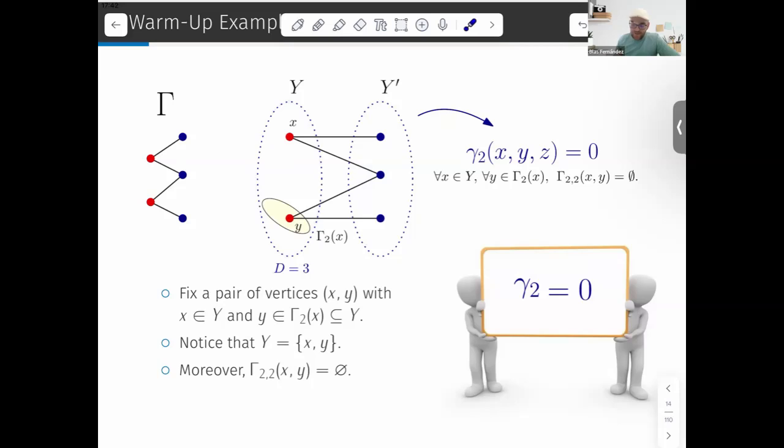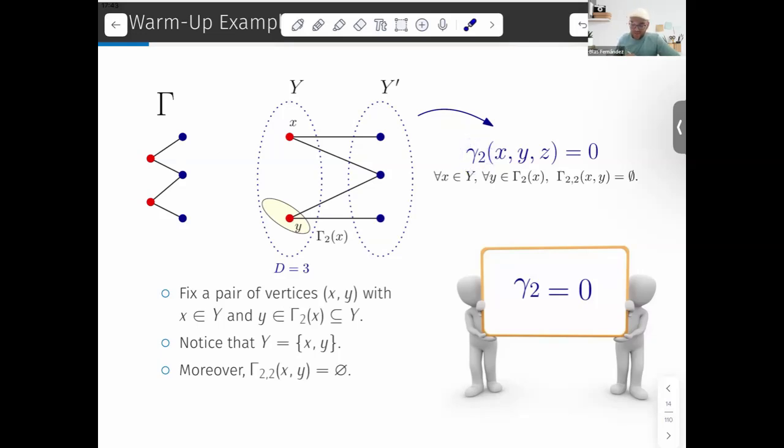And now we observe that every time we pick a vertex x, the only vertex which is at distance 2 from x is y, and these two vertices are already in the partition. So for every x in our partition Y and every vertex y at distance 2 from x, there is no vertex which is at distance 2 from both x and y. So this number gamma 2 is 0.